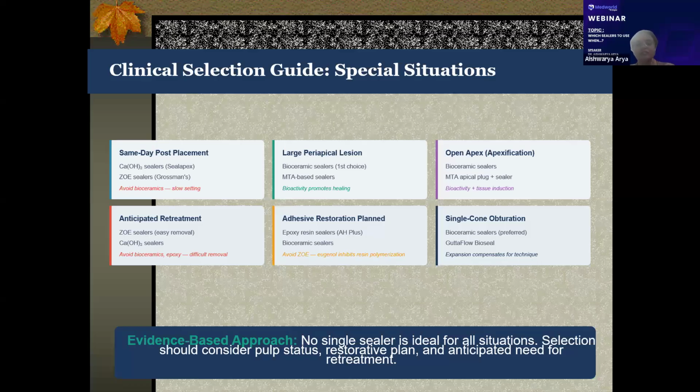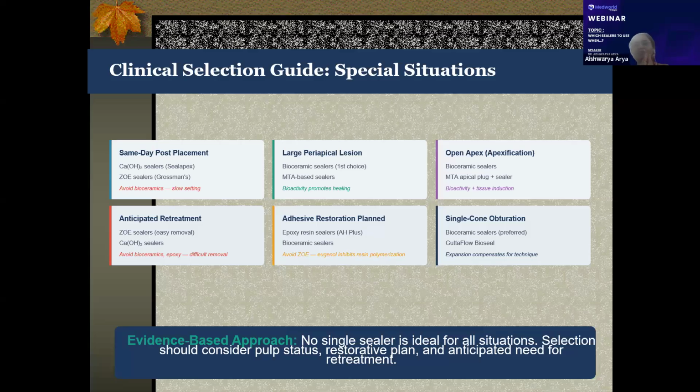You have to select your sealer depending upon the pulpal status, the restoration that you are going to plan, and the anticipation of a retreatment case. Now, how do you anticipate that you're going for a retreatment case? It's very simple. When you see that there is a periapical infection, a trauma case, or a long-standing periapical infection, there might be chances of going for a retrograde filling or a retreatment in future, right?